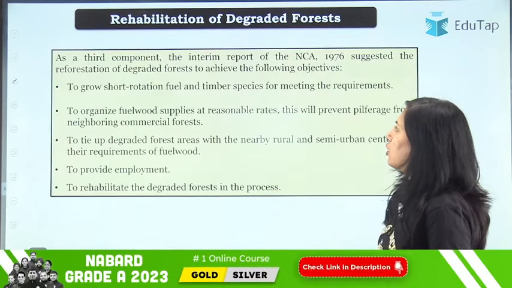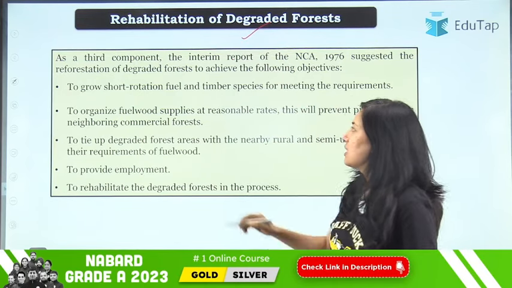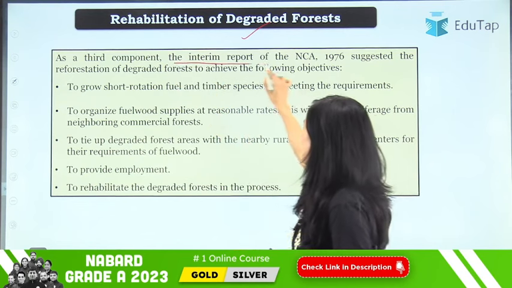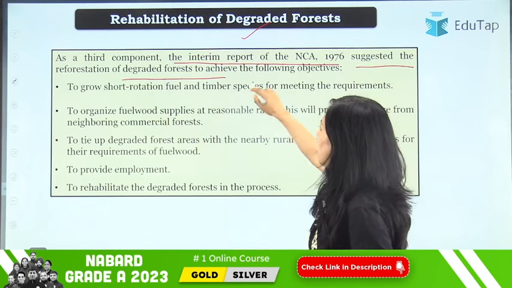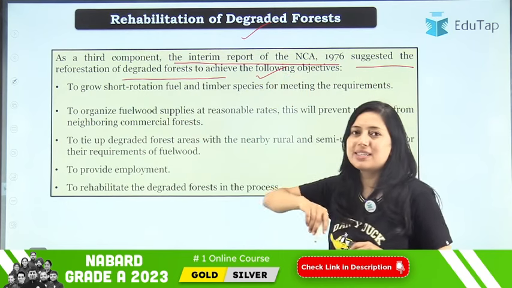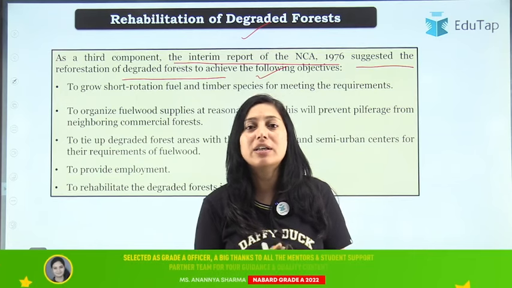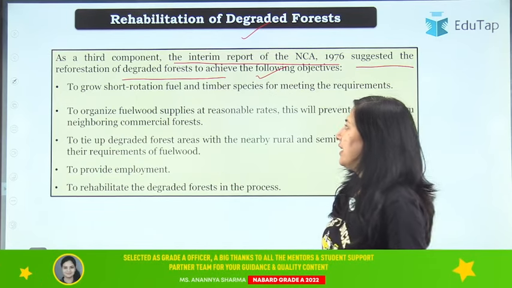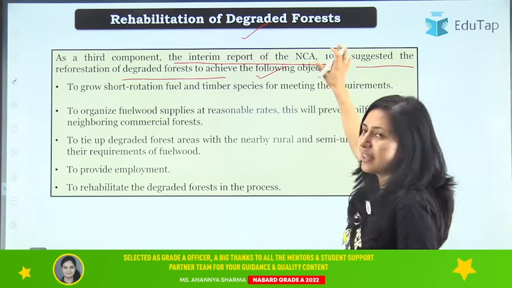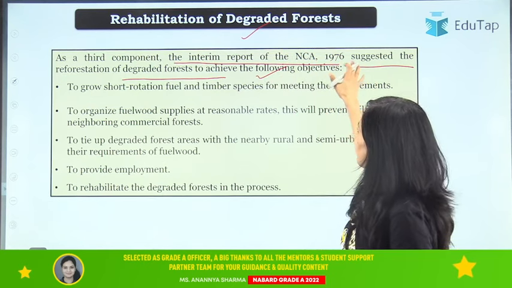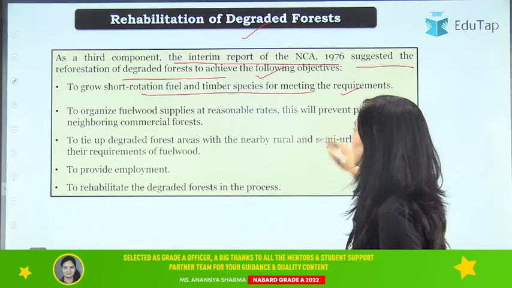Clear? Now moving on to the rehabilitation of degraded forest. The third component: the interim report of NCA suggested reforestation of degraded forest to achieve the following objectives. Basically NCA wanted to bring land under forestry, especially degraded lands. The objective is to grow short rotation fuel and timber species for meeting requirements.